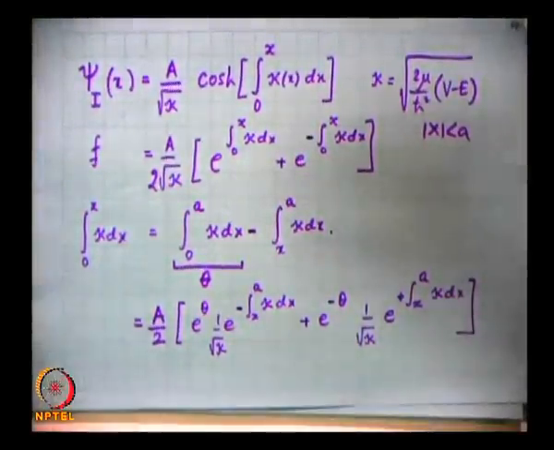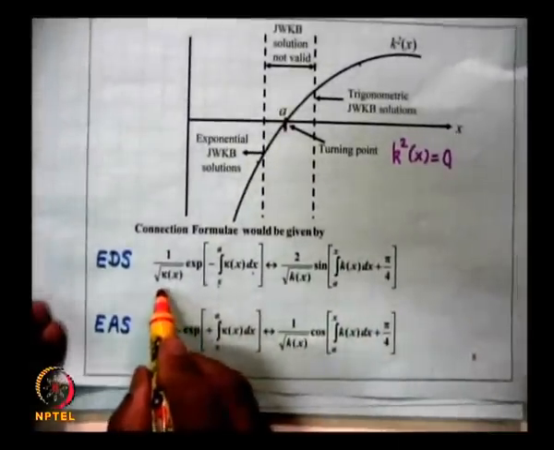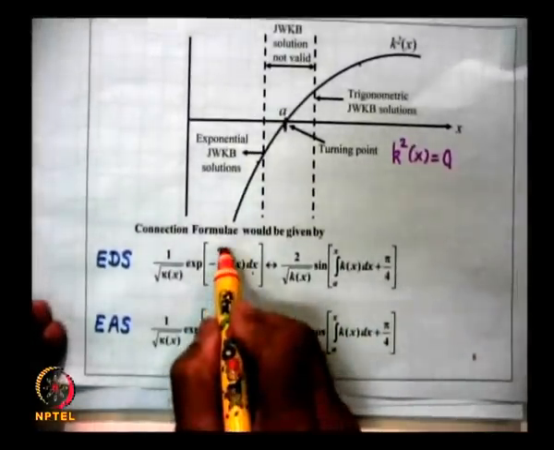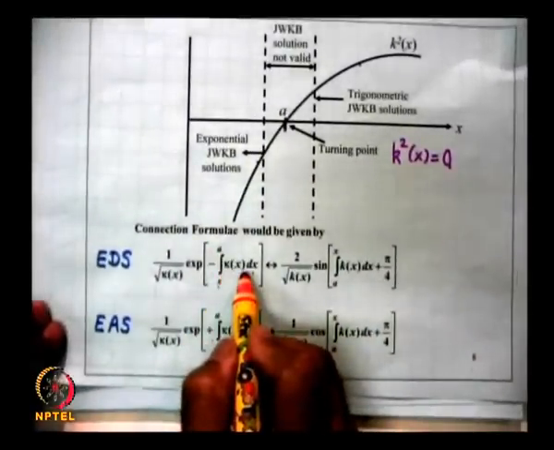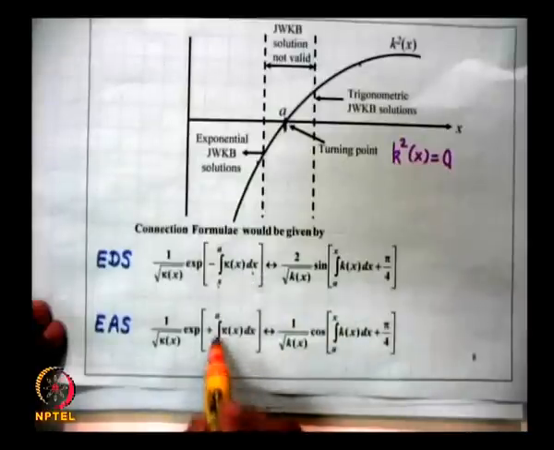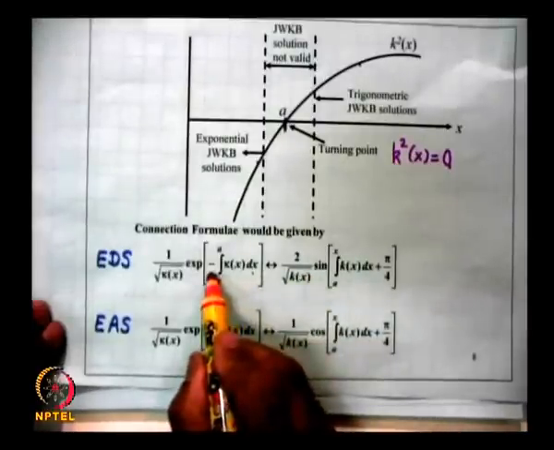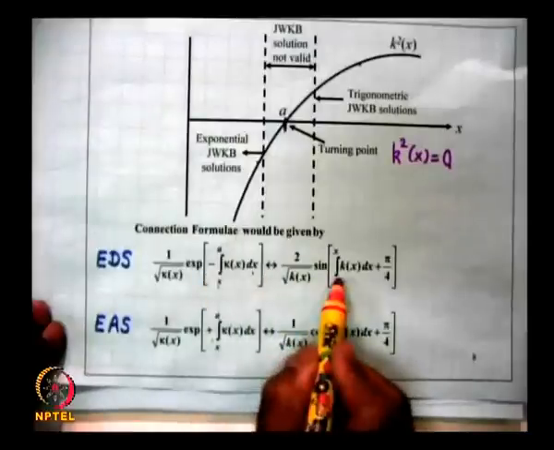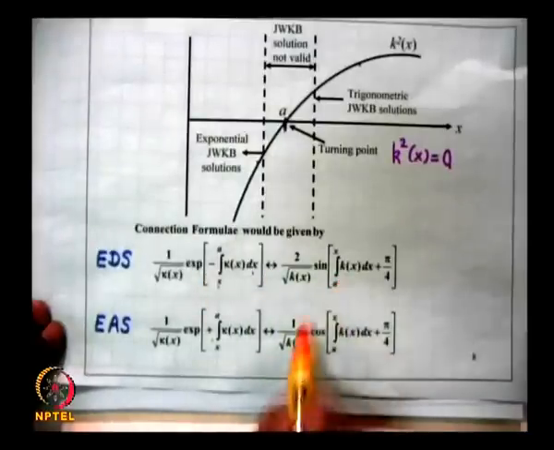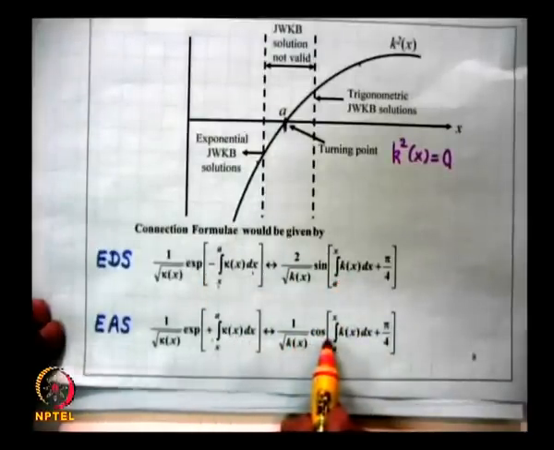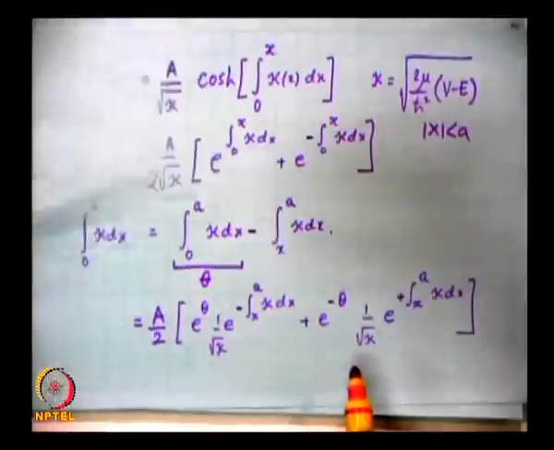So, now we have solutions written in terms of x to a, k dx. The exponentially decaying solution will go over to a sine solution, and the exponentially amplifying solution will go over to a cos solution.